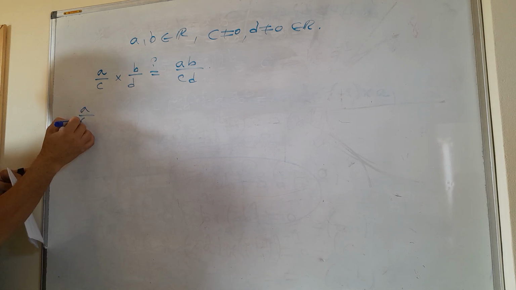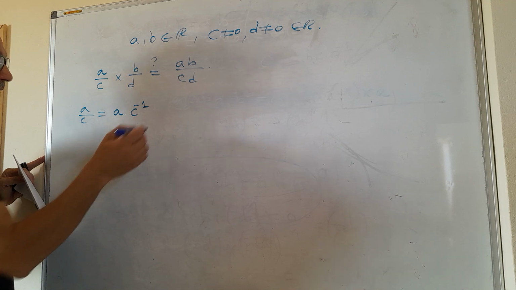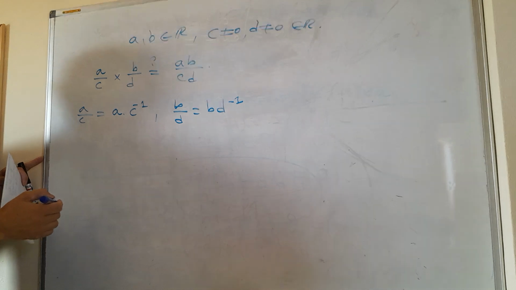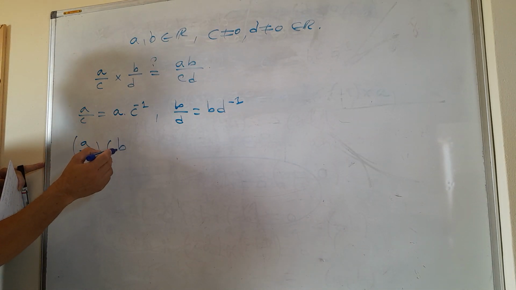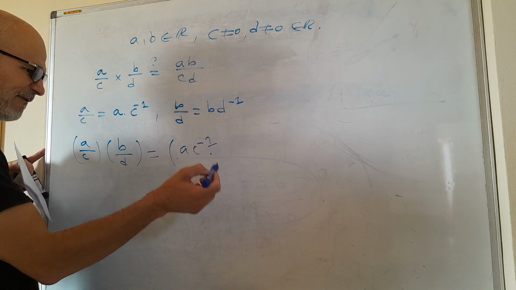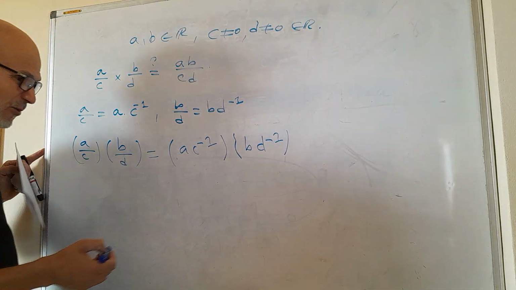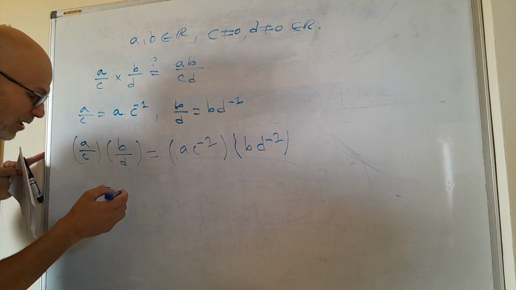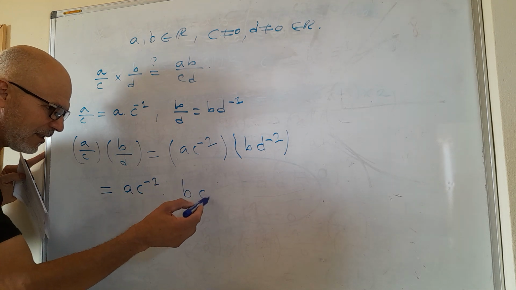So a over c, we can write as ac^-1, and b over d, we can write as bd^-1. So ac^-1 times bd^-1 is equal to (ac^-1)(bd^-1). And using the associative operation, we will get ac^-1bd^-1.